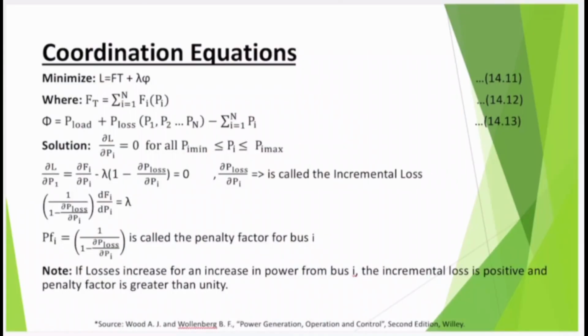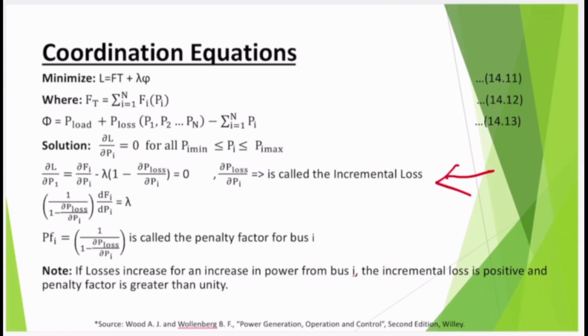So the solution, when you take differentiation with respect to Pi, with Pi less than or equal to Pi max and Pi min, gives you this equation, which is very important: dou f upon dou P minus lambda times (1 minus dou P loss upon dou Pi) equal to 0.